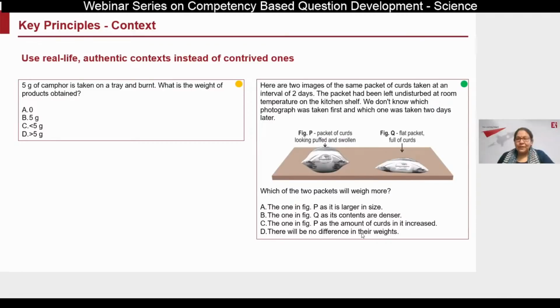Yes, Sudeshna, thanks for pointing that out. Imagine this question without the image, and I would have to literally visualize these things in my mind, right? So images play a very specific role in questions, especially when appropriately utilized. Or they would have given a detailed description of the packets, which would be a lot of cognitive load for the students. True.